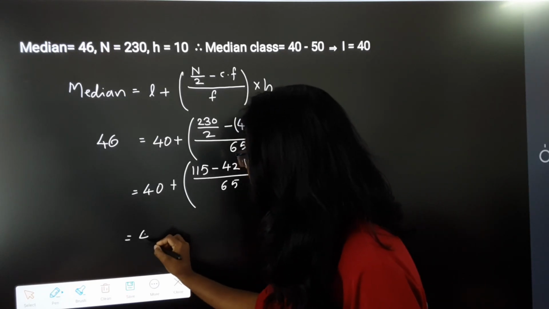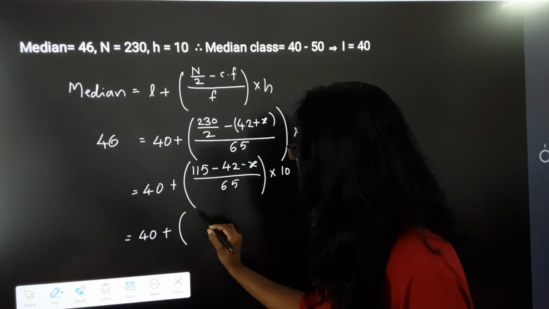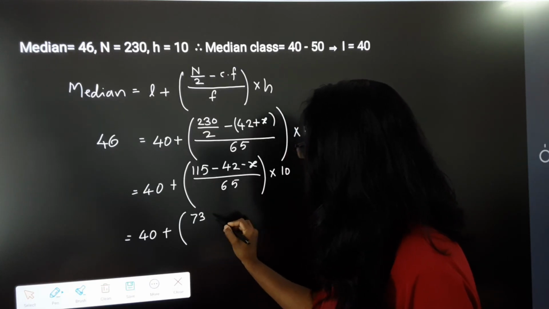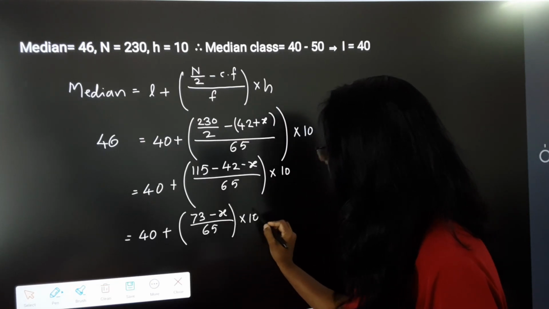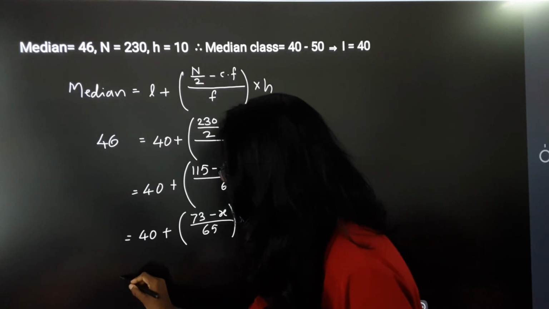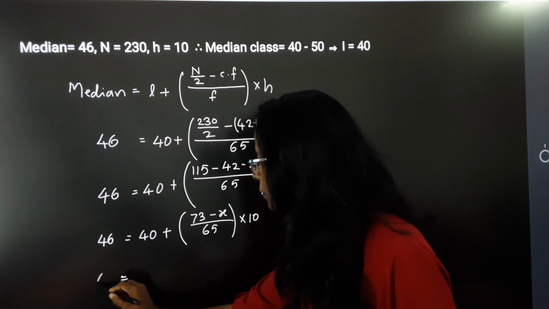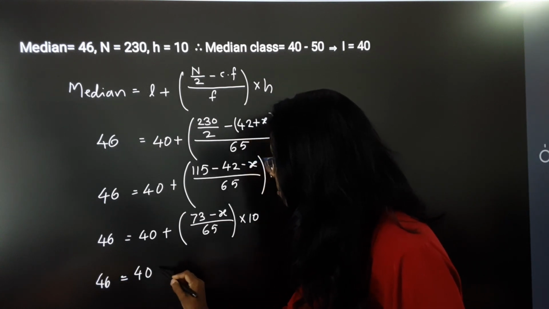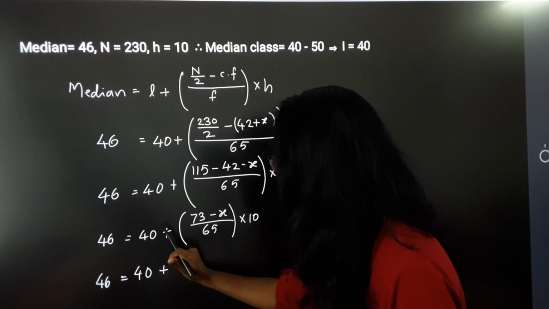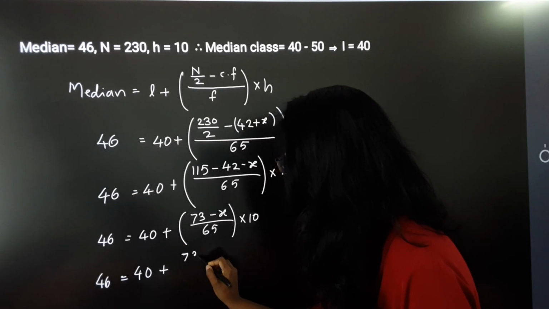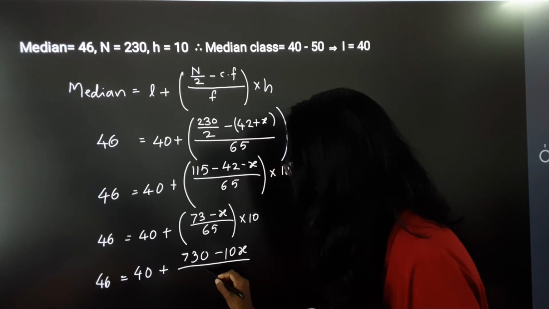Now 115 minus 42 means 73, minus x upon 65 and multiply 10. Okay, so 46 is equal to 40 plus, multiplying 10, that is 73 multiply 10, that is 730 minus 10x upon 65.